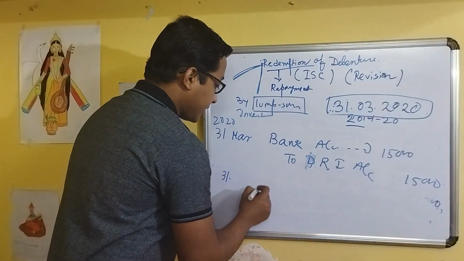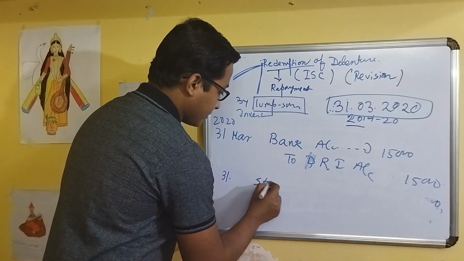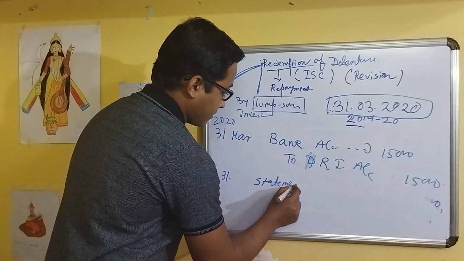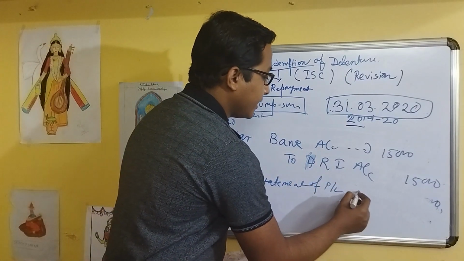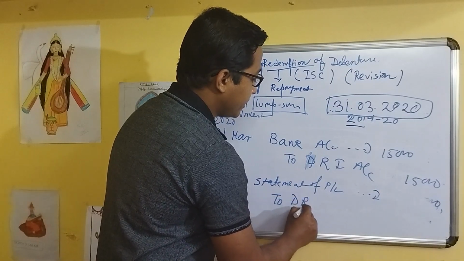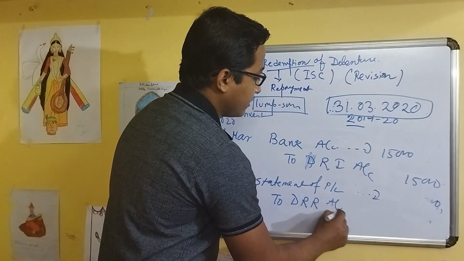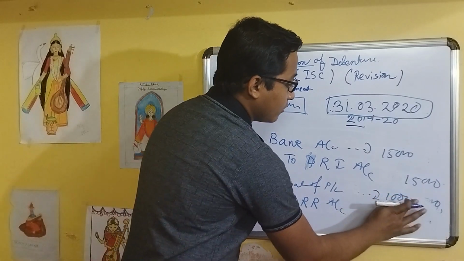So the second journal will be: statement of P&L debit to debenture redemption reserve account, 10,000.